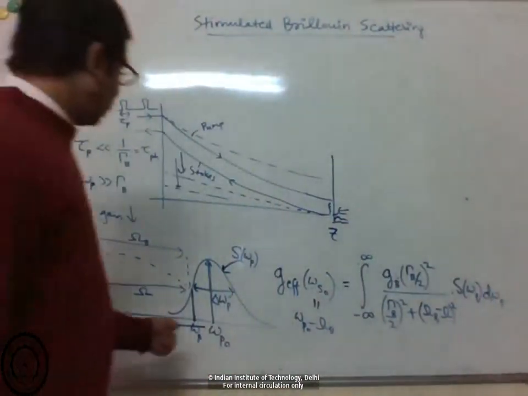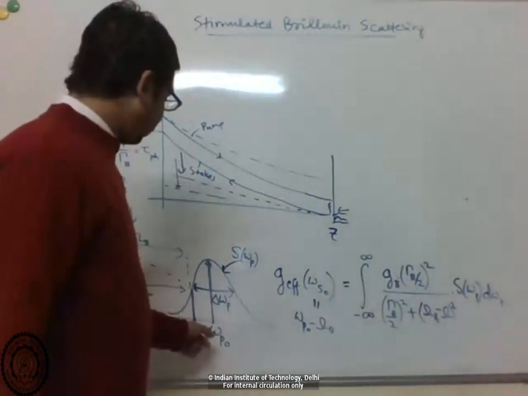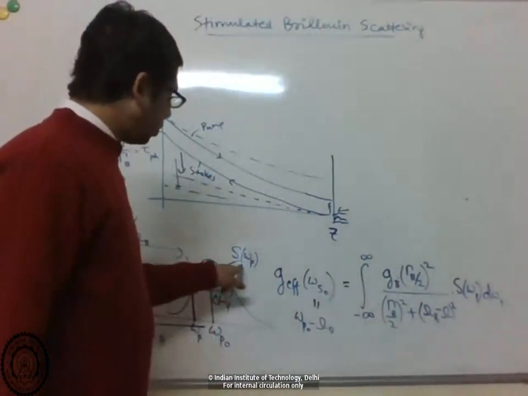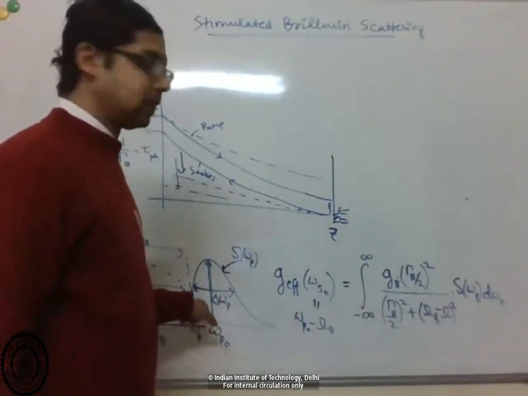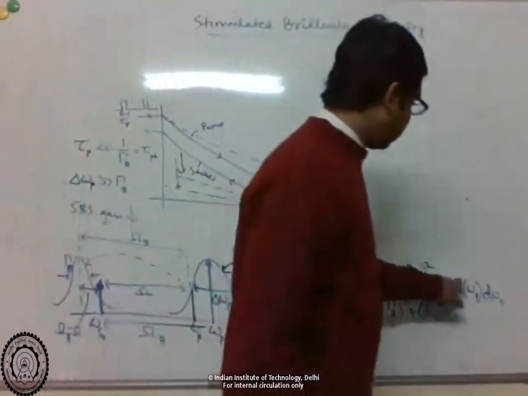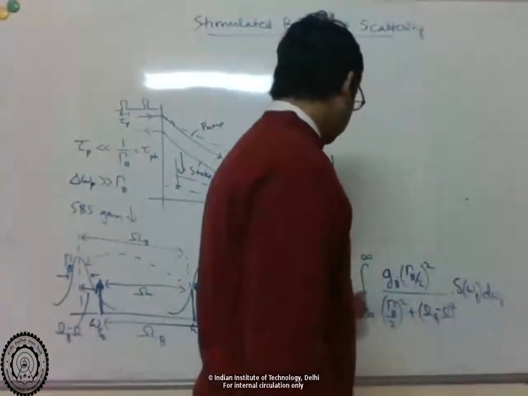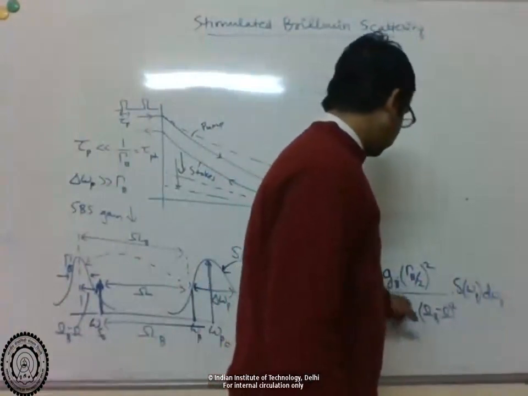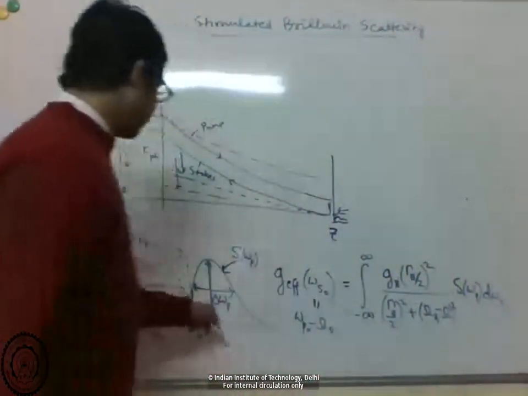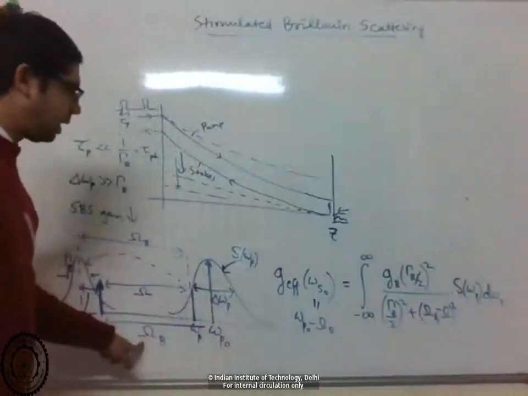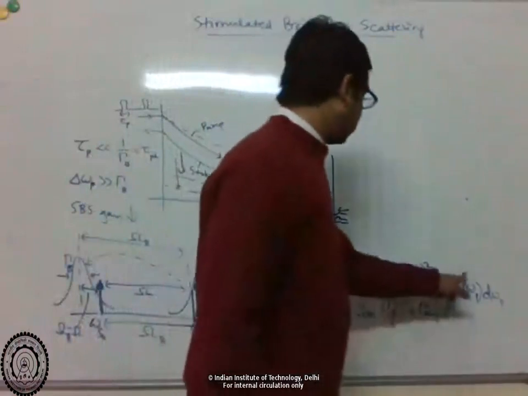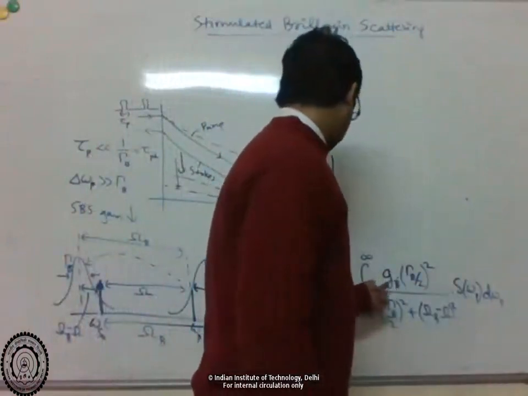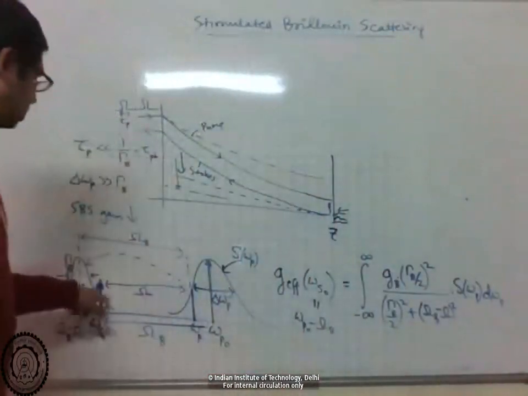Is that clear? For example, for a monochromatic pump wave, this S of omega p will be a delta function. In that case, you'll just recover the gain at center, so omega is equal to omega p, and you'll just pick out the gain center.